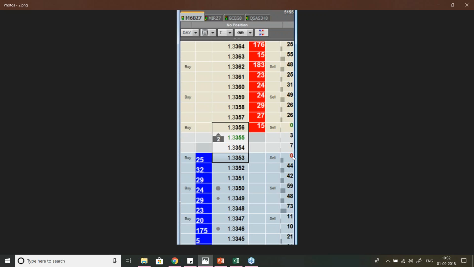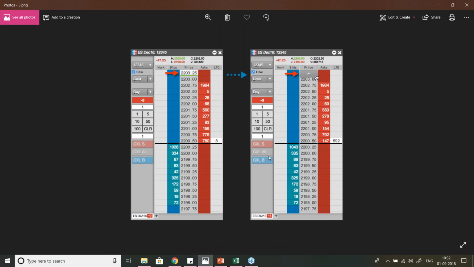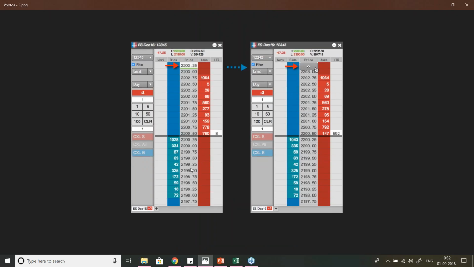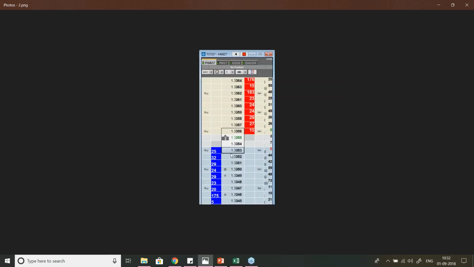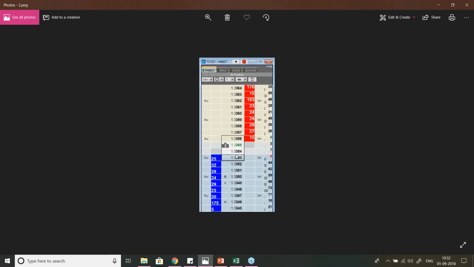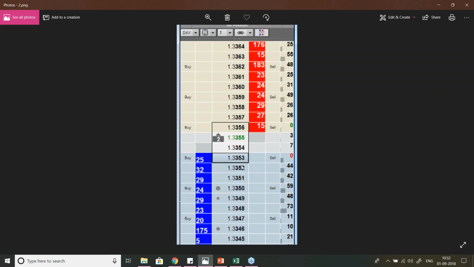But okay, let me show you another thing. Let us say there are two markets, and you have two different order books like this. Let us say I have huge volume on the ask side and huge volume on the bid side, and compare that with this. Now tell me, just by looking at this one single order book, can you make a prediction?